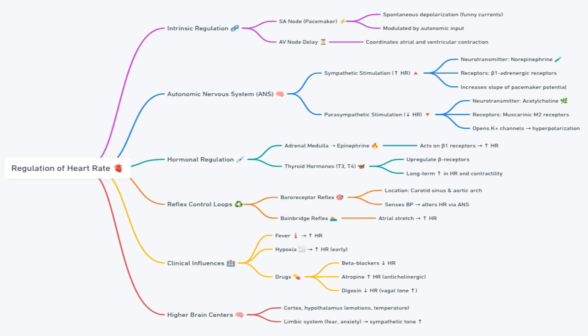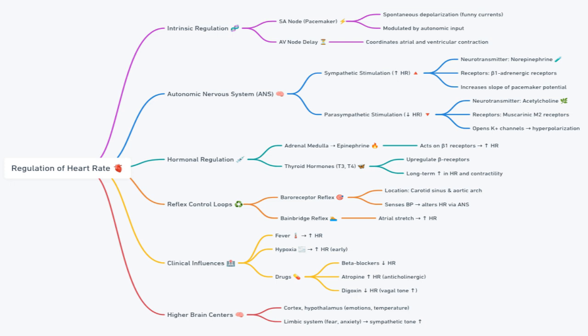With the extrinsic regulation, the autonomic nervous system, whether sympathetic or parasympathetic, is involved. With the sympathetic, its effects are that it increases heart rate, which is the positive chronotropic effect, and it enhances conduction velocity, which is the positive dromotropic effect, and contractility, which is the positive inotropic effect.